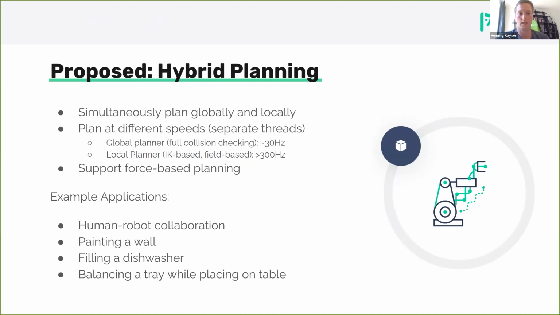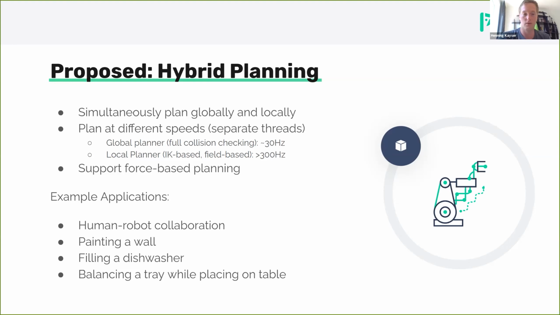Here, example applications are human-robot collaboration, painting a wall. Here, for instance, you would plan a global trajectory for painting and use a local planner for providing the pressure on the wall that is required for applying the paint.